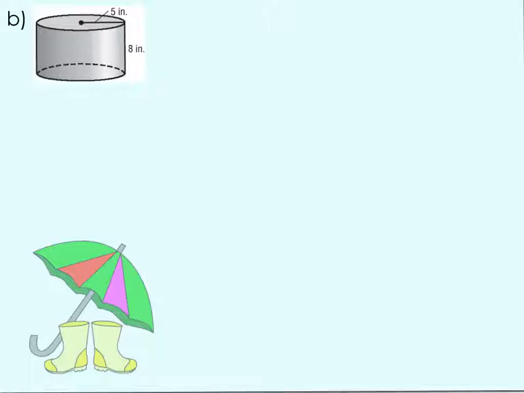All right, let's take a look at the next one here. Again, just to make it easy, I'm going to write the formula right up in the corner here, so we have that to reference. And our first step to get it right is to find the perimeter. And hopefully as you're looking at this that you are thinking, this is a cylinder, so my perimeter is really the circumference. So we're going to take 3.14 times the diameter.